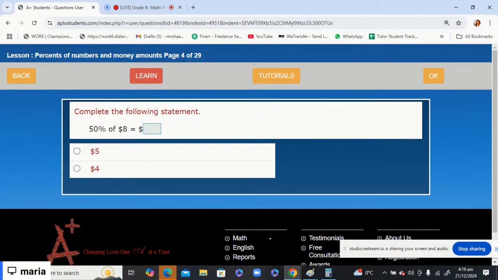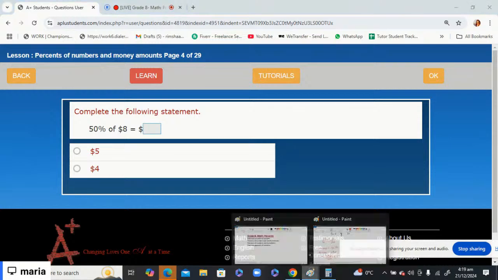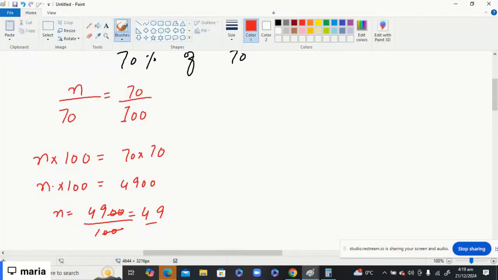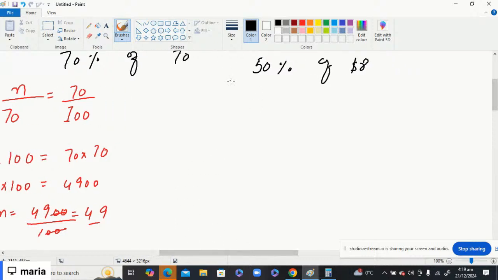Complete the following statements. 50% of $8. Let's do it by using the way part over whole. The whole is 8, which equals 50 over 100.